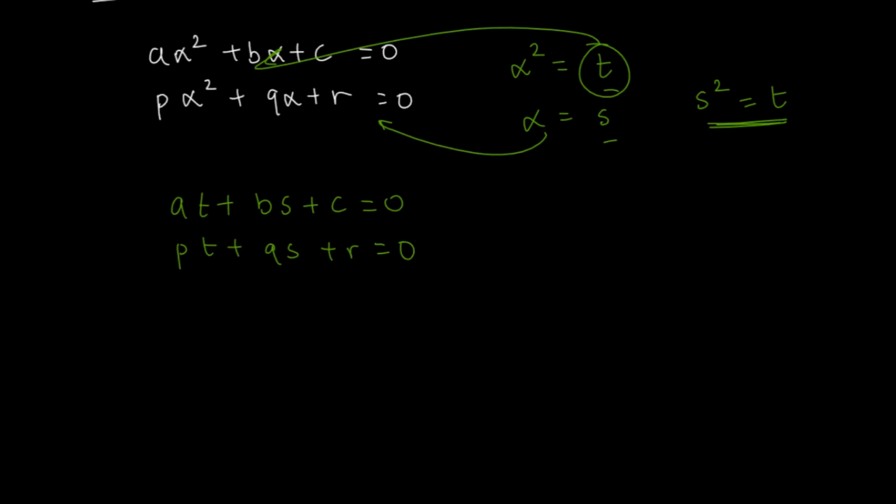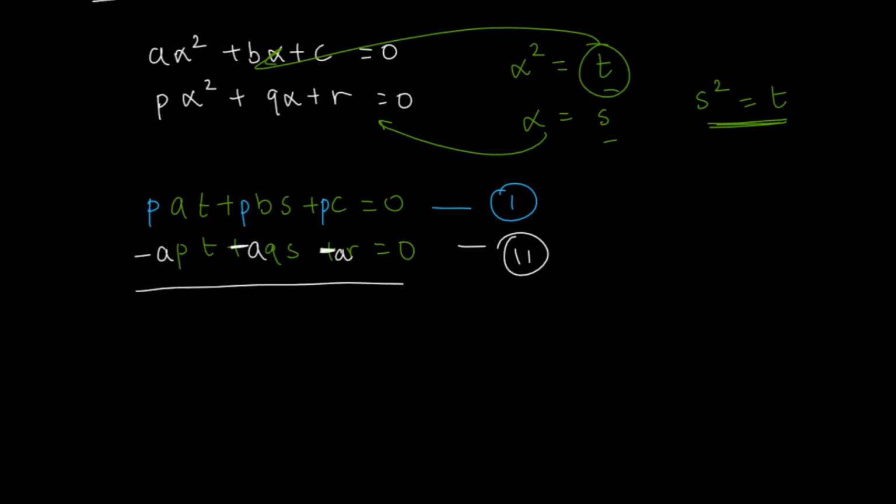So what we do is we multiply this first equation by p, so pat plus pbs plus pc is equal to 0. And let's multiply the second equation, this by the way is the second equation, with negative a, so negative apt, negative aqs, and negative ar. Now if you went and added both of these, this would have given you (pb minus aq) times s plus (pc minus ar) is equal to 0.